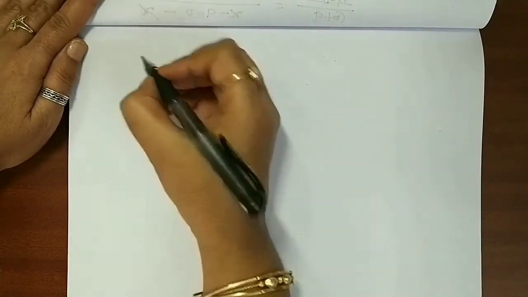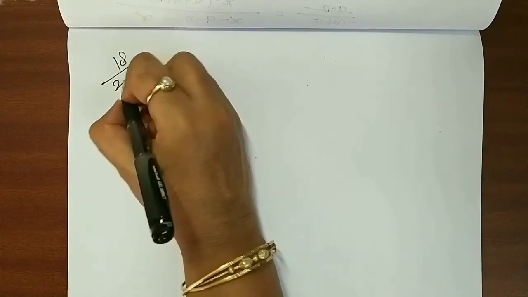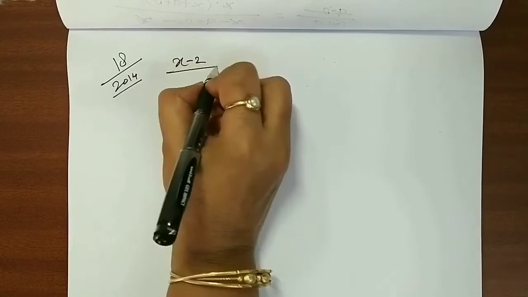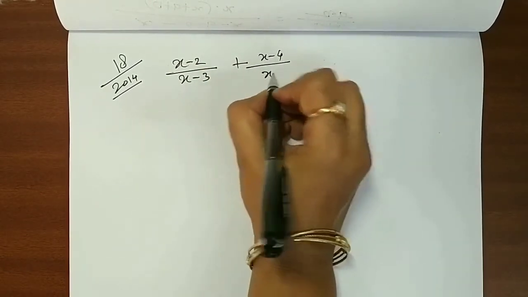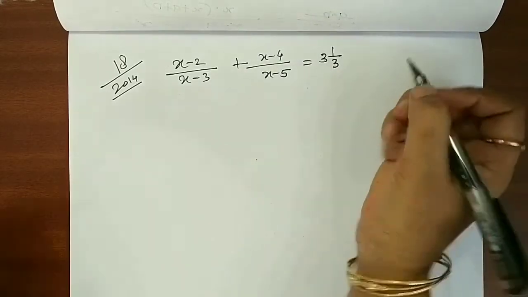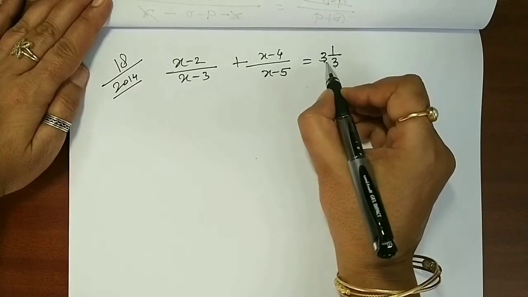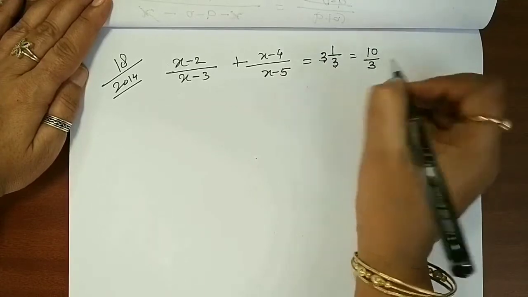Okay, so here is my next question guys. Question 18, which is from board paper 2014. Here is the question: 1 by (x minus 2) plus 2 by (x minus 3) equals 3 1 by 3, I can write 3 3s are 9 plus 1, which is 10 by 3.